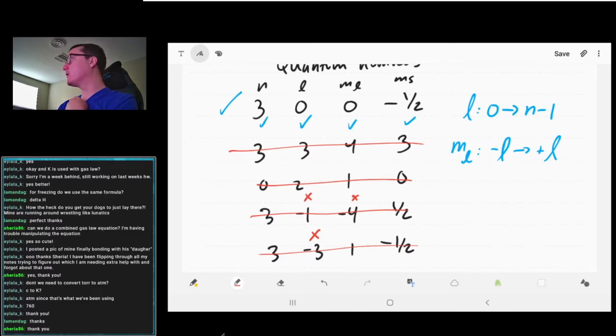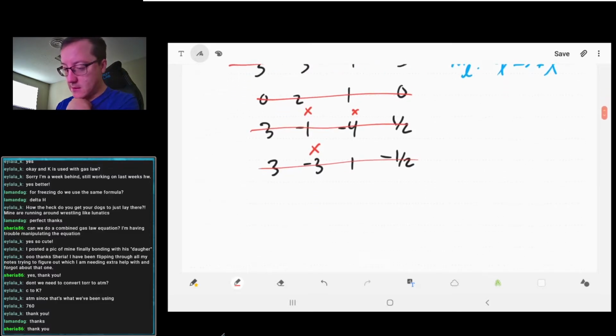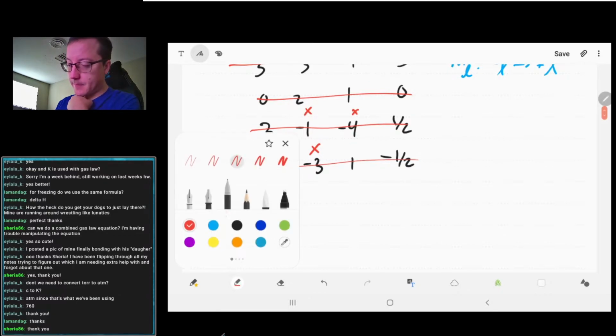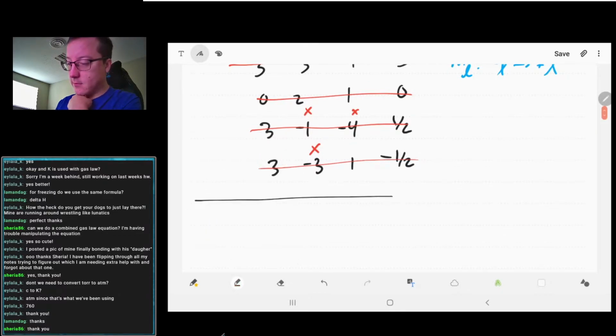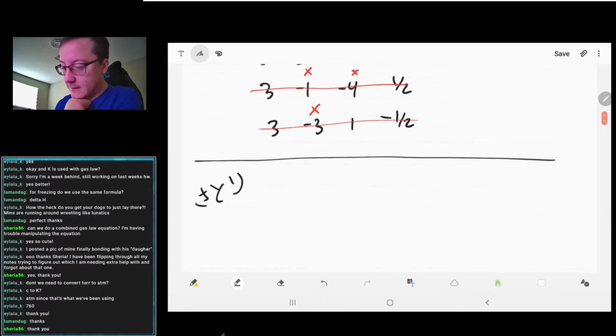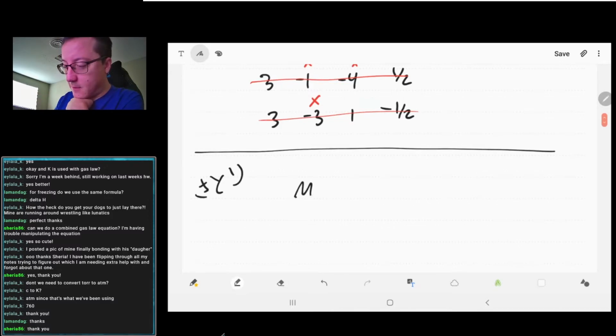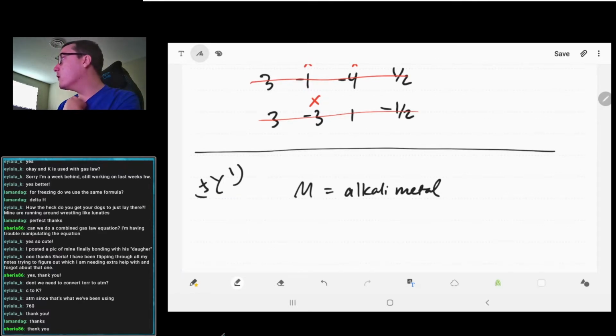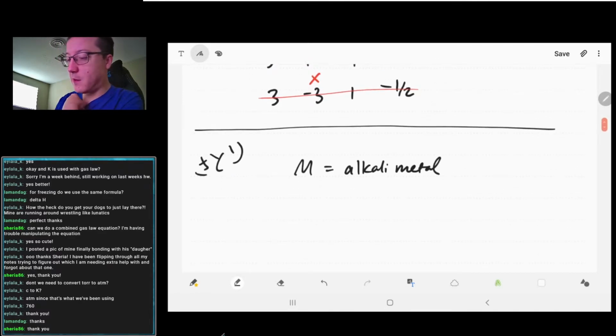Our other question is talking about alkali metals. Okay, let's see. We have M is an alkali metal, and it looks like we have a couple of options.